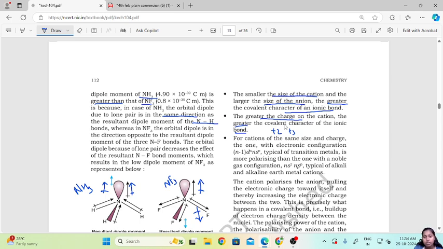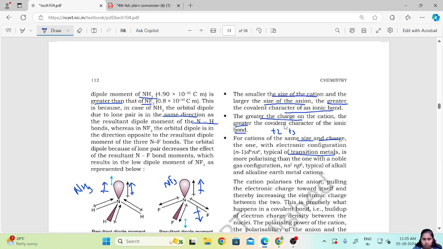Now for cations of the same size and charge, the one with a pseudo noble gas electronic configuration, typical of transition metals, is more polarizing than the one with a noble gas configuration, typical of alkali and alkaline earth metal cations. For cations with the same size and charge, for example transition metals being close together with one electron difference, the size difference will not be much.